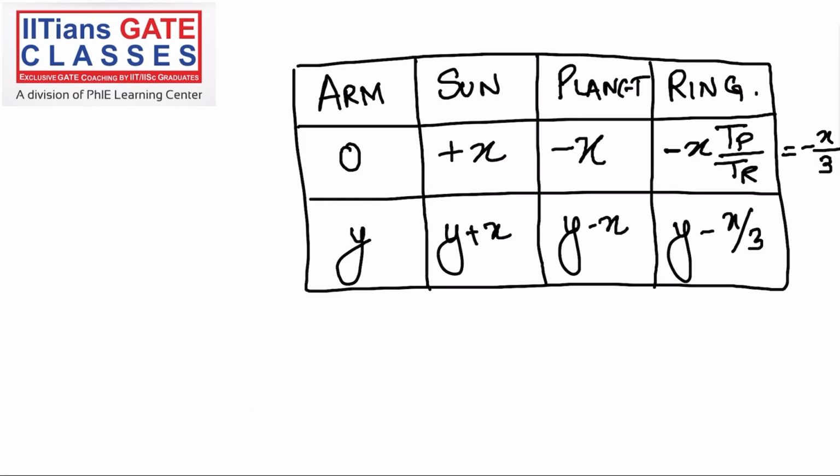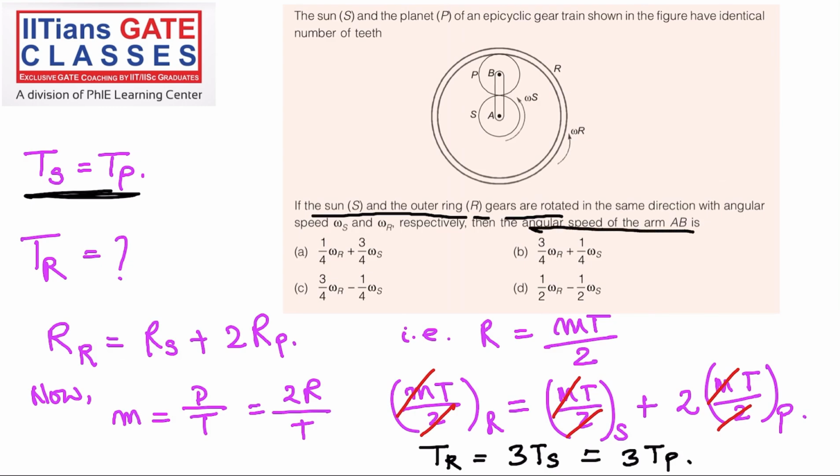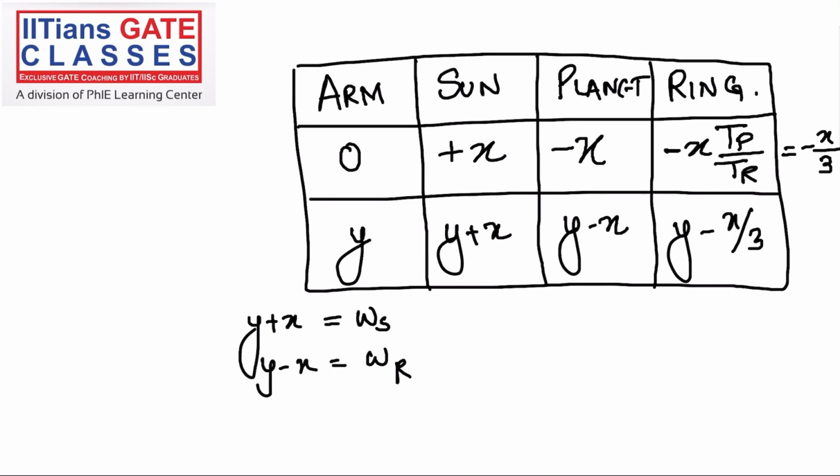So it is given that y plus x is equal to omega sun, y minus x by 3 is equal to omega ring. So you need to find out basically y, because you need to find out the angular speed of the arm. We have assumed that the angular speed of the arm is y, so you basically need to find y.